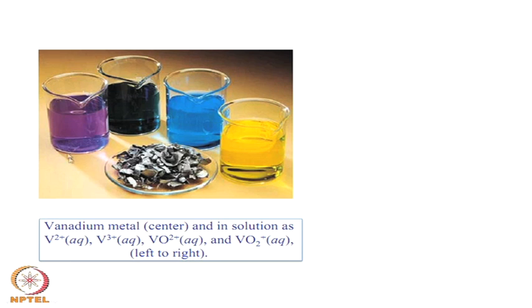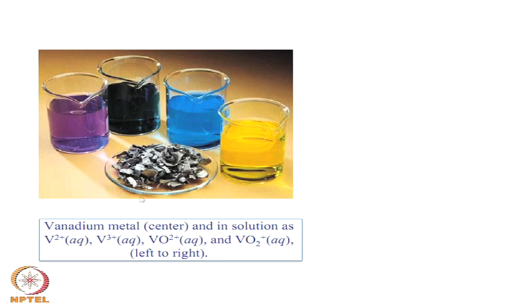So, VCl2 in solution has a violet coloration, and it can be easily characterized as the vanadium +2 state, with a typical crystal field splitting parameter. The vanadium 2+ electrons give rise to different transition energies, and that is why the solution color is different from the other 3.